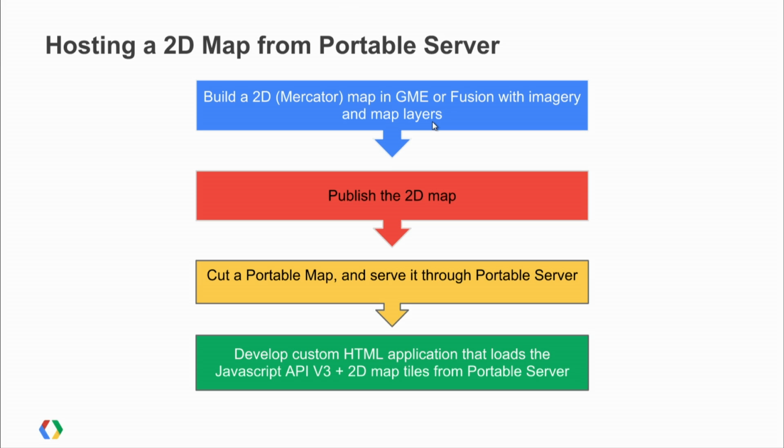And in the case of Fusion, you would typically publish it to an Earth Enterprise server. At that point, you're going to cut a piece of that map corresponding to the region of interest, exactly the way Sean demonstrated. And the output of that is going to be that GLC file. At that point, you're going to start serving that GLC file through the portable server, and then you can start building your custom HTML applications that load the JavaScript API.